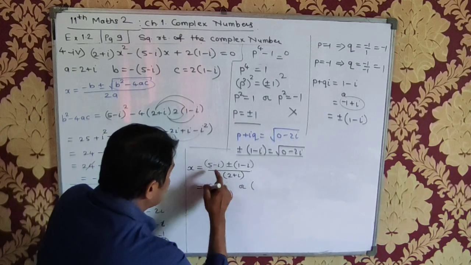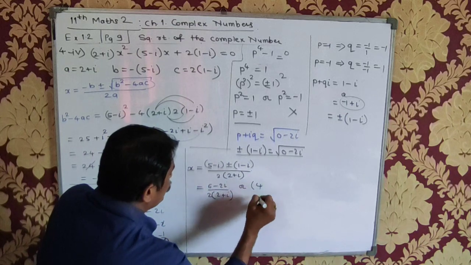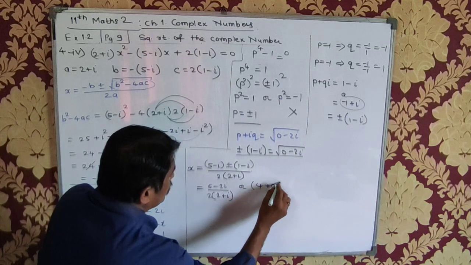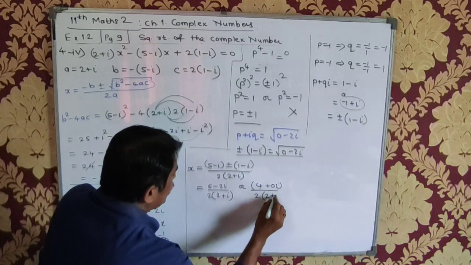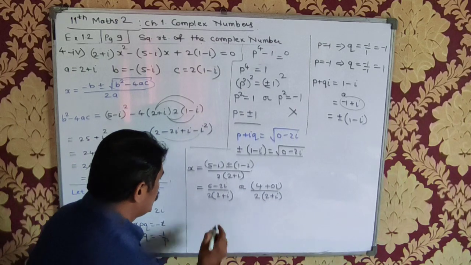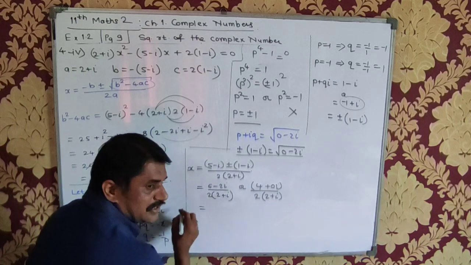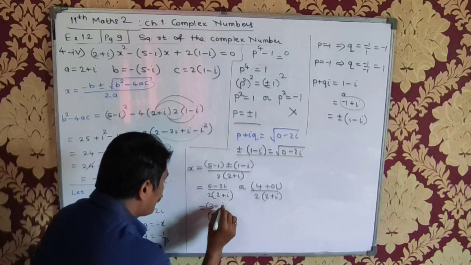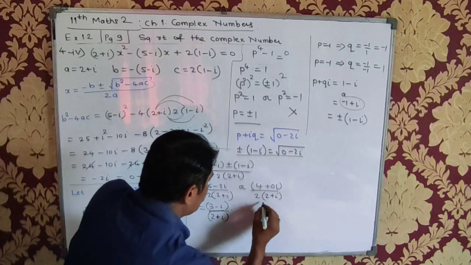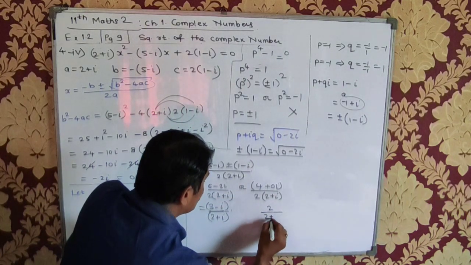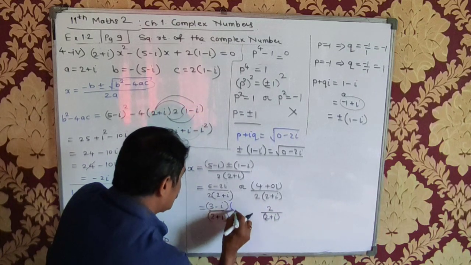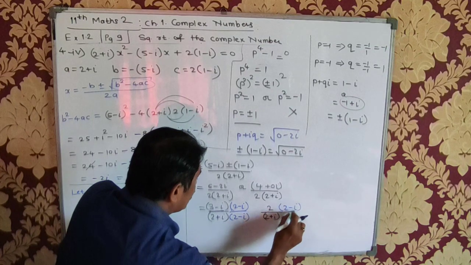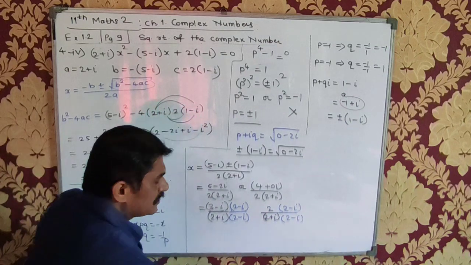Or if I take the minus sign, 5 minus 1 is 4, minus i plus i is 0, upon 2 times (2 plus i). Take 2 common from here and cancel. So 3 minus i upon 2 plus i, correct? And here the 2 cancels, so 2 upon 2 plus i. So this will become multiplication by 2 minus i in numerator and denominator, correct?